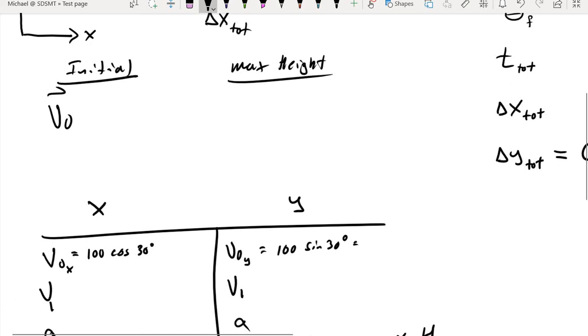We'll get out our calculator. 100 sine 30 is just going to be 50. And 100 cosine 30, I want to say that is about 87, but I'm going to plug this into the calculator just to make sure.